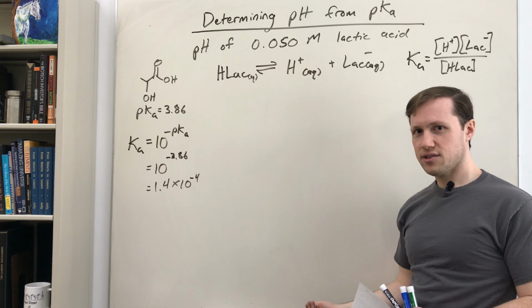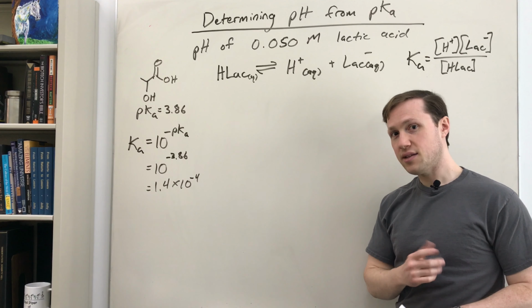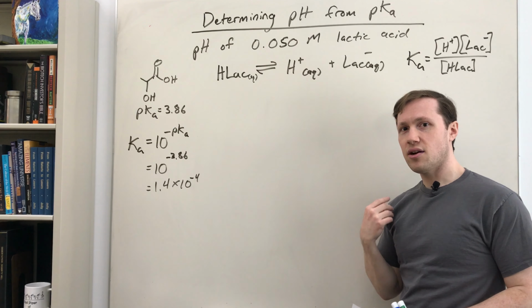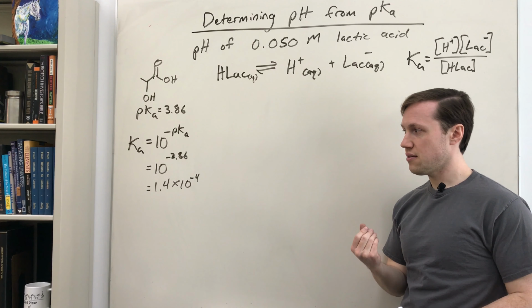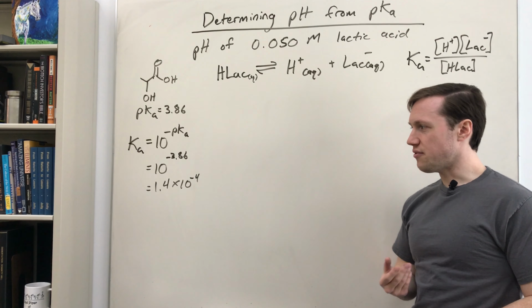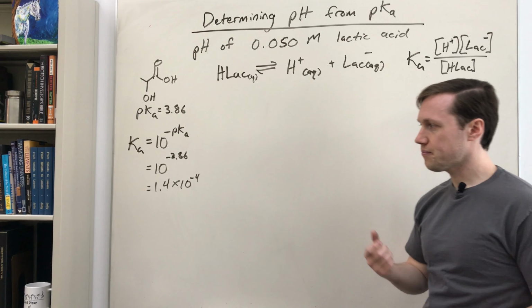What does that tell us? Well, perhaps not a huge amount just yet. It does tell us one thing, however. We calculated our acetic acid Ka in our last segment, and when we did that, we found that it was a value around 1.8 times 10 to the negative 5.